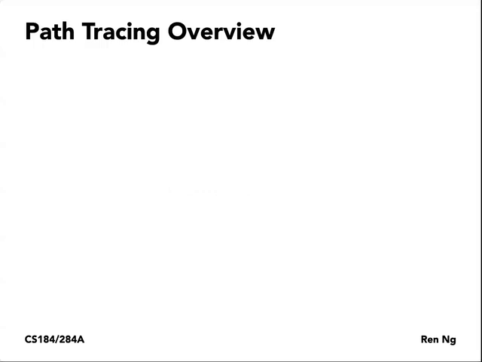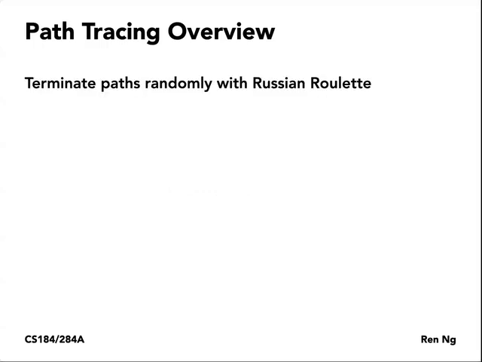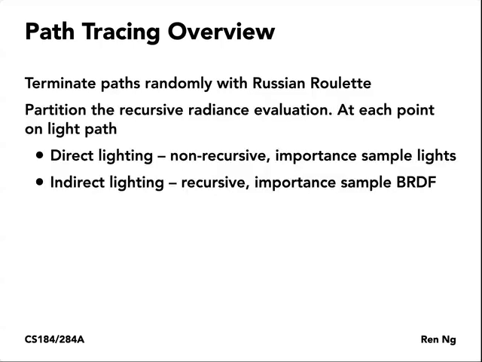So path tracing is a further refinement of that recursive function call to evaluate the infinite dimensional, infinite bounces of light integral. And the overview on it is like this. What we already covered, we're going to terminate these ray tracing paths through the scene randomly with Russian roulette.